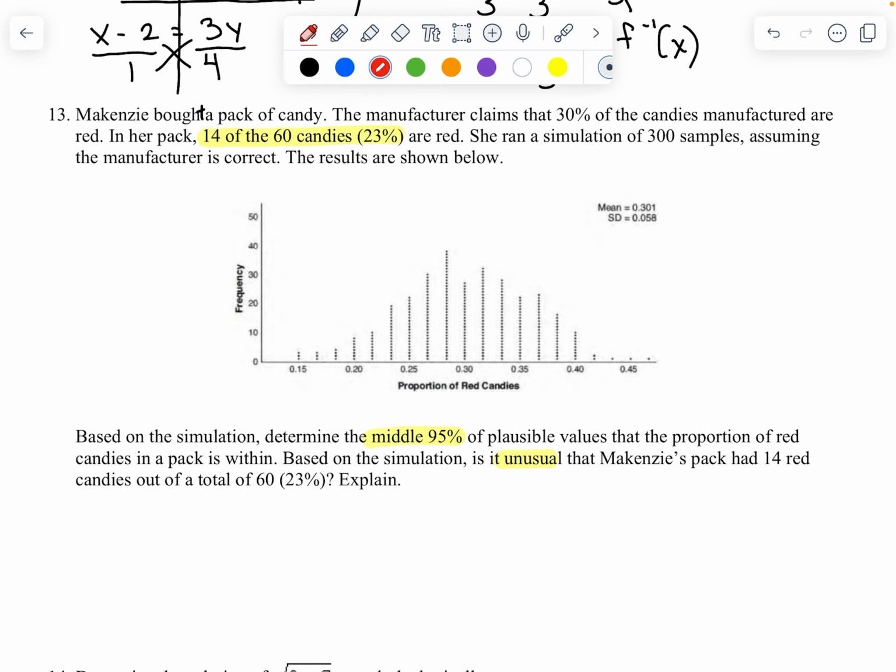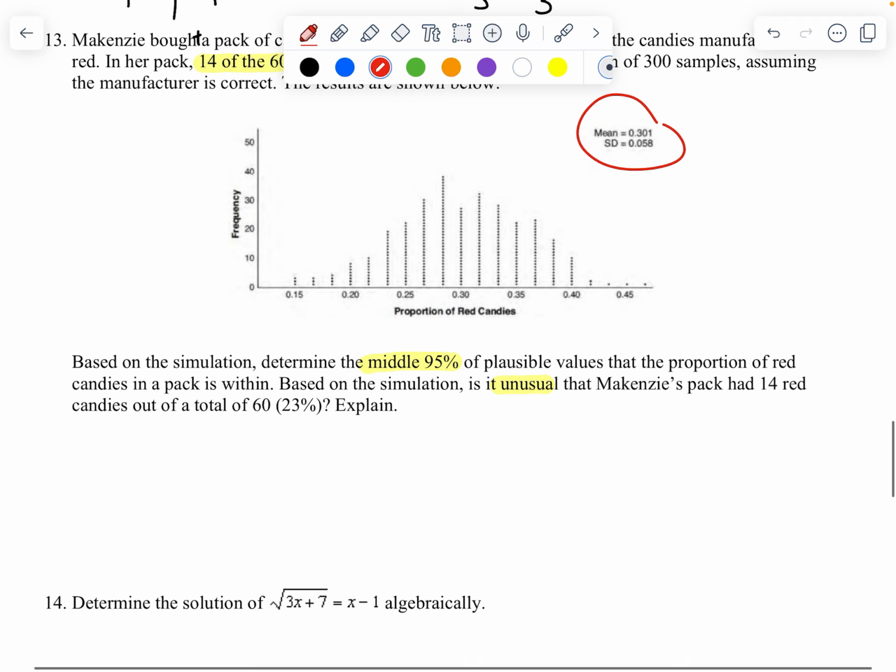All right, so the first thing we have to do is find a 95% confidence interval. In order to do that, that's going to be your mean plus and minus 2 times your standard deviation.